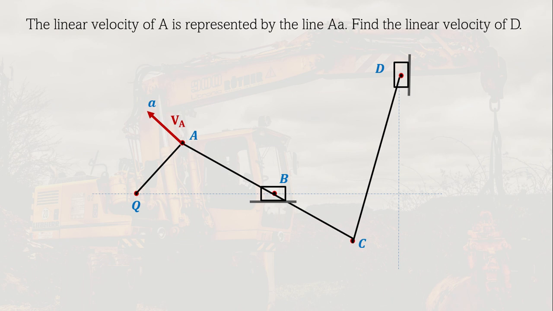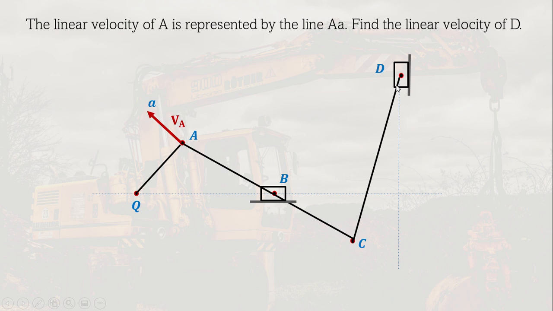So let us try to apply all those concepts in solving this problem. So here we are given the linear velocity of A represented by this line, AA1 or AA. So we are to determine the linear velocity of D. So this is point D. As you can see here, point D is a slider crank mechanism.